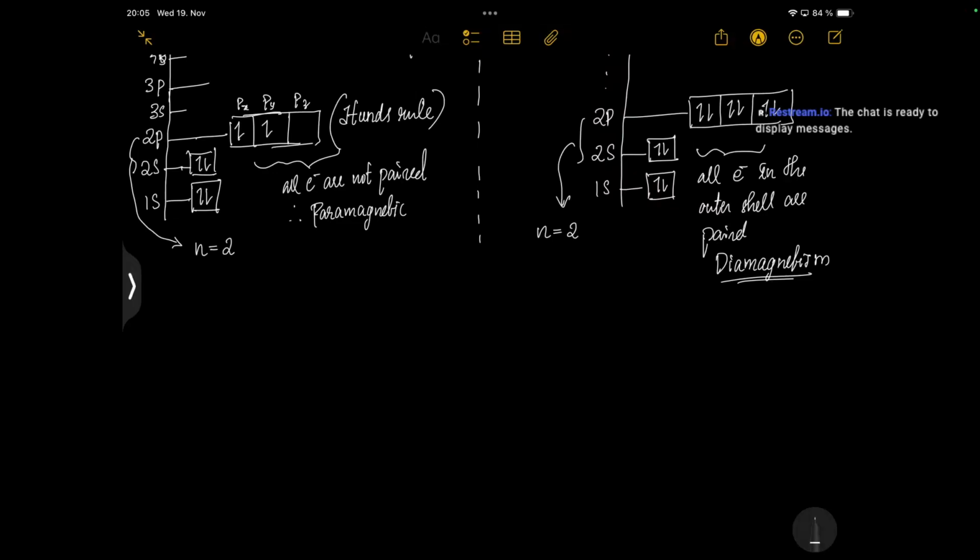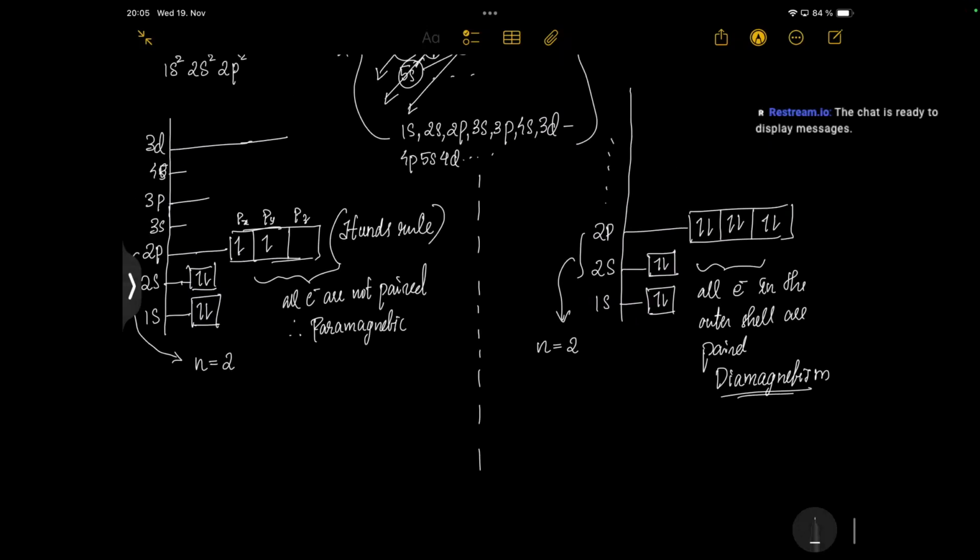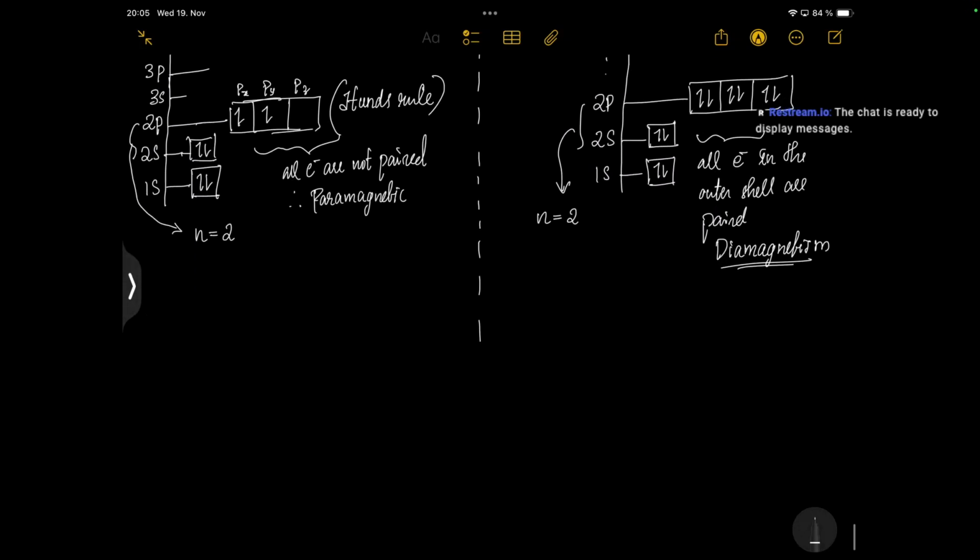Now, from what I have understood, how the atom is going to look like. Let's draw. This would be the 1s. This would be the 2s.